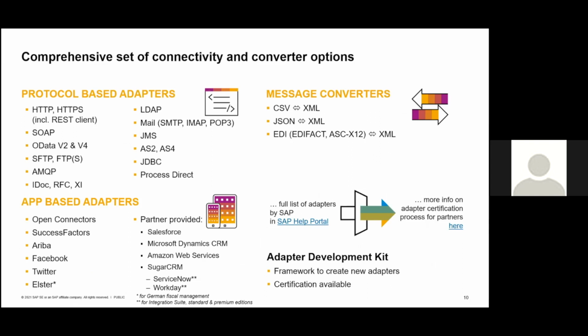And a Kafka adapter for high-volume pub/sub messages will be available in Q1. Other adapters are based on applications like SuccessFactors or Salesforce. This comprehensive set of adapters gives you the wide range of connectivity options that you can use while implementing your integration scenarios.